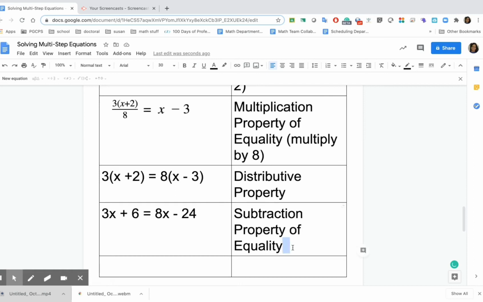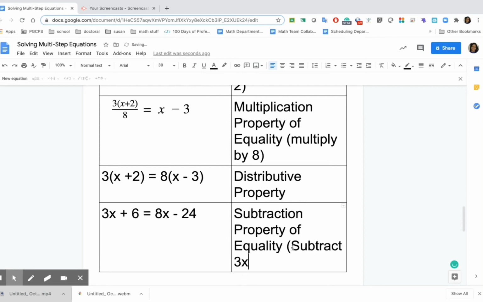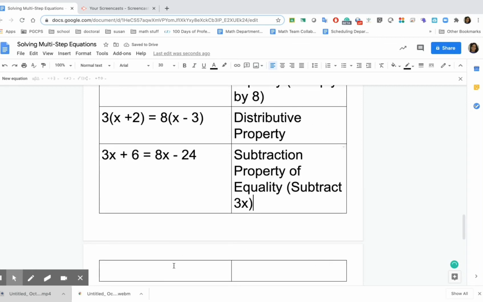So again, subtract 3x. Now, the left side will become 6. 3x minus 3x will be 0, so it's just 6 on the left side, and 8x minus 3x will be equal to 5x minus 24.